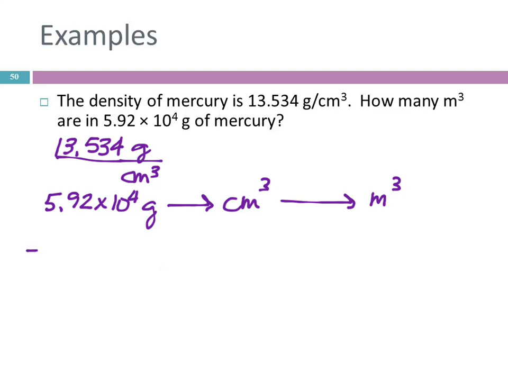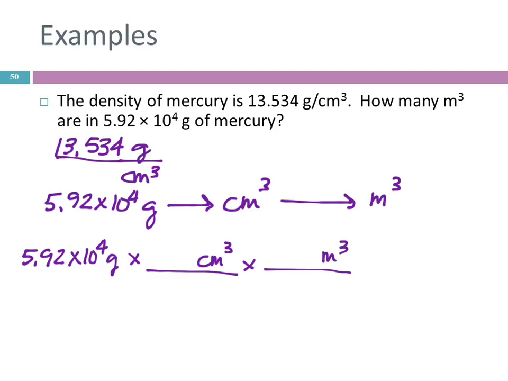So now we just write it all out. 5.92 times 10 to the 4th grams. There are 2 arrows, so I'm going to have 2 unit factors here. I look at my path, grams to cubic centimeters to cubic meters, and I write those in the numerator: grams, cubic centimeters, cubic meters.